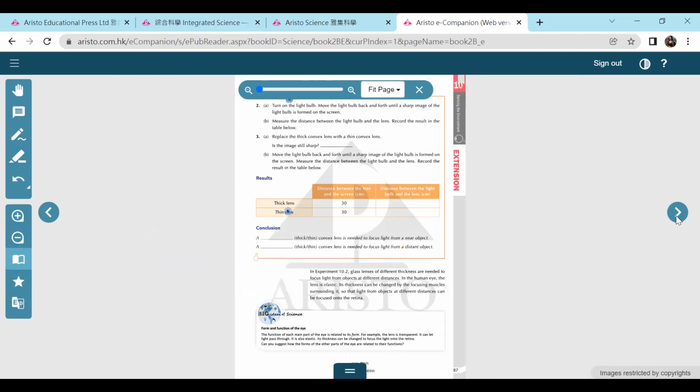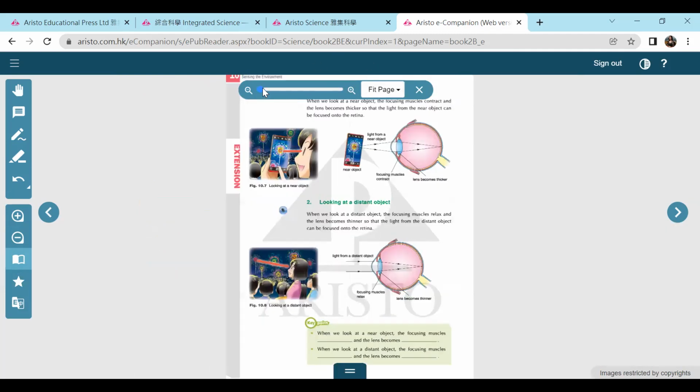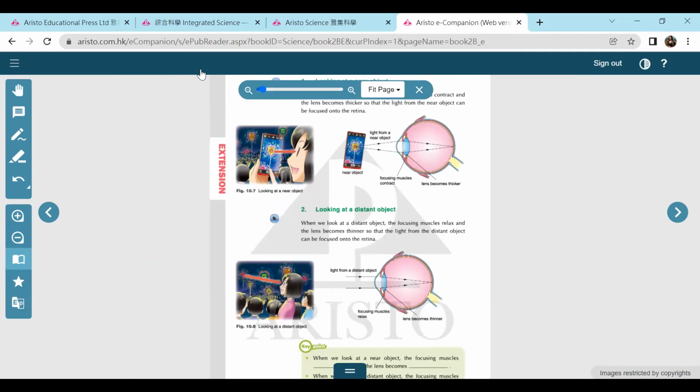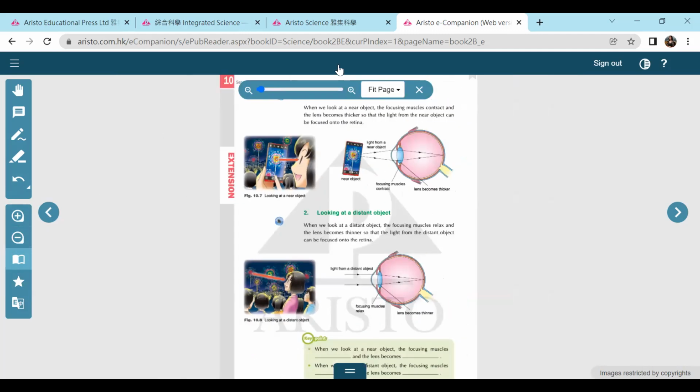Okay, so let's see this page. Okay, so when we look at a near object, the focusing muscles contract and the lens becomes thicker, so that the light from the near object can be focused on the retina.